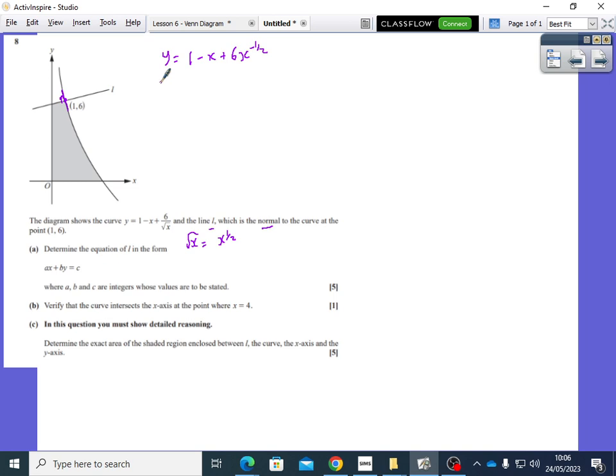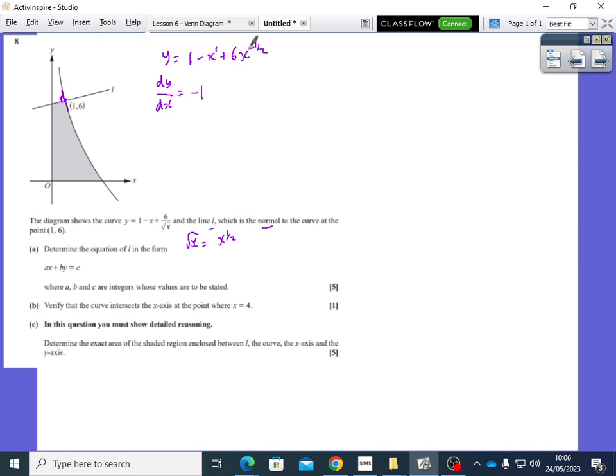Now, if I differentiate this, dy/dx, which is the difference in y over difference in x, which is going to give me the gradient of this curve at that point. So that will be, constants go to 0. There's only 1 there. Take the power down, take 1 off the power, that becomes minus 1.